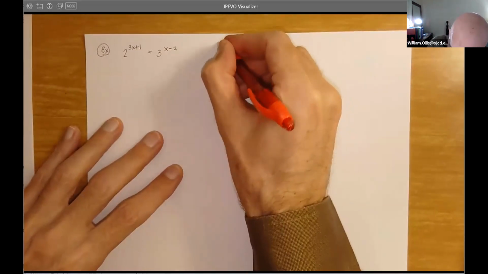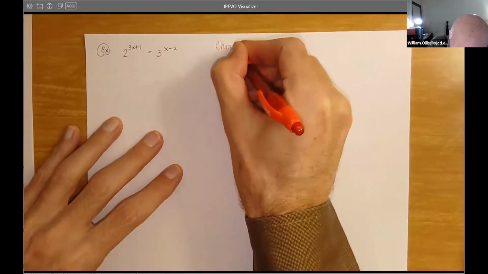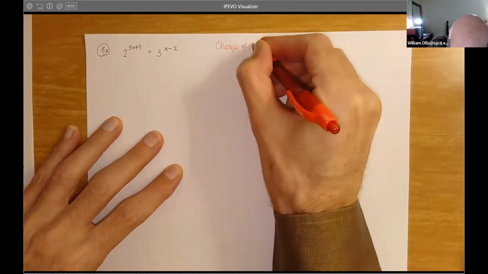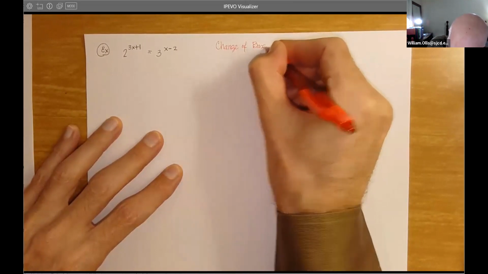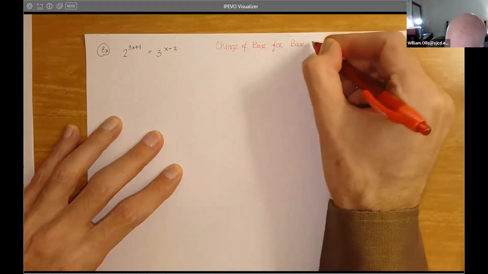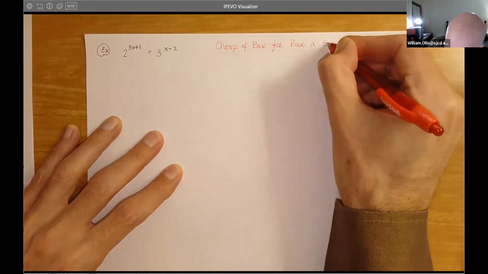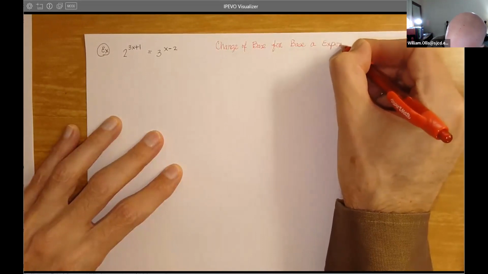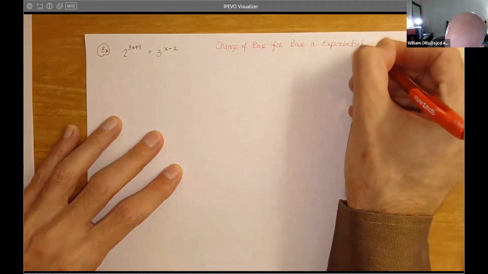It's easy to write. Change of base for base A exponential functions. And I guess you can call it whatever base you want, exponential functions.